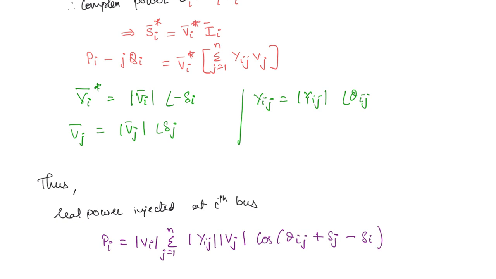Okay, so you can easily remember this also. This is real power, so you're getting the cos term here. The magnitudes are the same, and this angle is theta ij plus delta j, and Vi was negative conjugate, right?